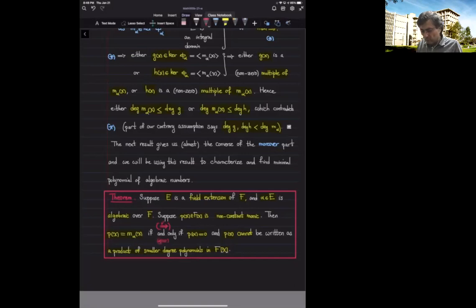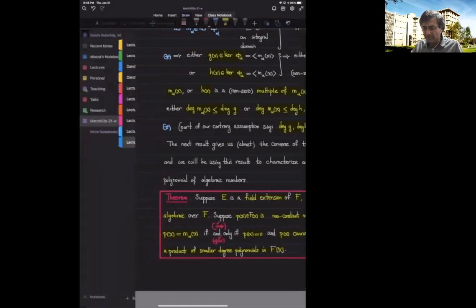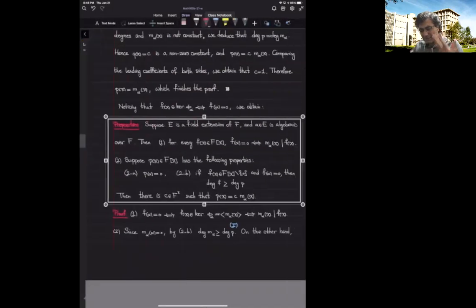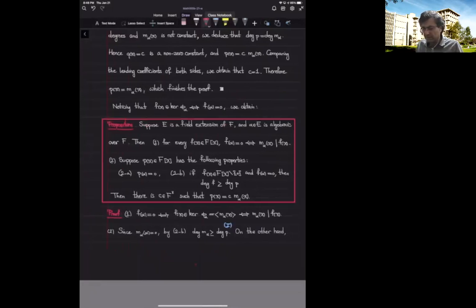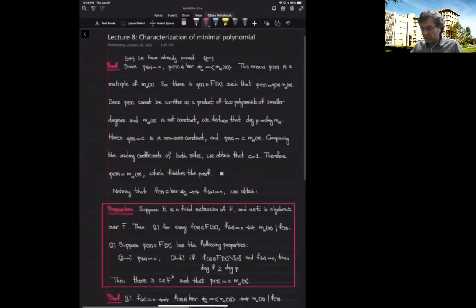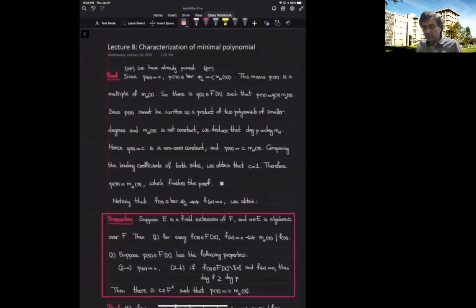So if I give you a monic non-constant polynomial that has alpha as a 0, and it cannot be written as a product of smaller degree polynomials, how can I deduce that it is the minimal polynomial of alpha? We have seen arguments similar to this, a particular case of these things, during the discussion and problem session in the past week. But let's repeat the proof in this generality.